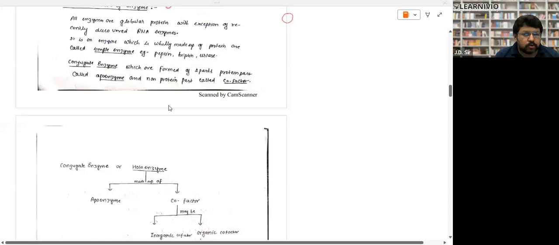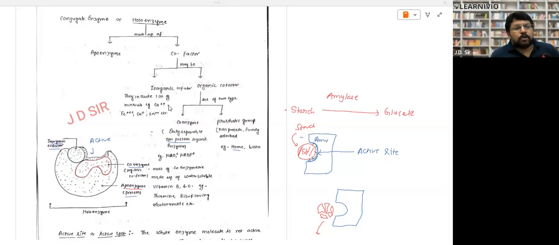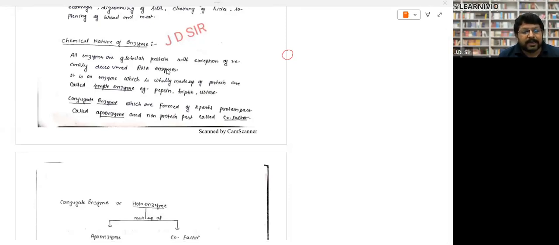Now come to the chemical nature of enzymes. This is very, very important. Normally all enzymes are globular proteins, except the recently discovered RNA enzyme.